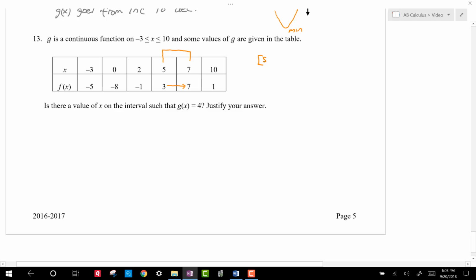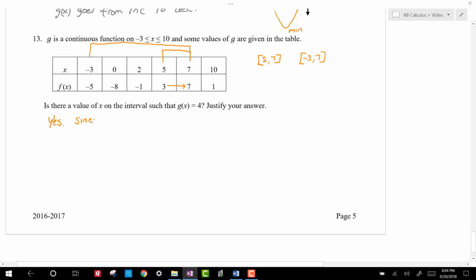I could also say, look, on the interval from -3 to 7, there has to be a value. Why? Because at -3 it is -5, and when x is equal to 7, g of 7 is equal to 7. So there's got to be a 4 in there somewhere too. I'm just pulling the smallest interval. So the answer here would be yes.